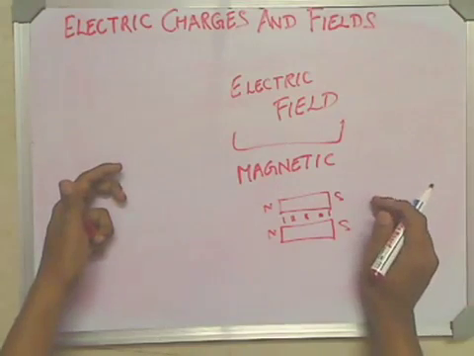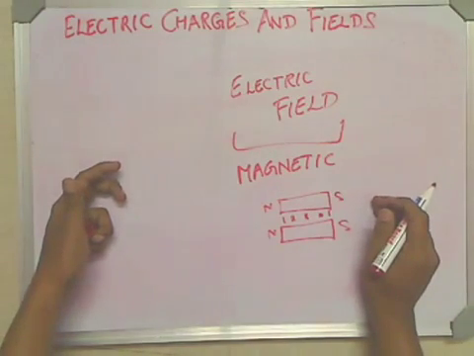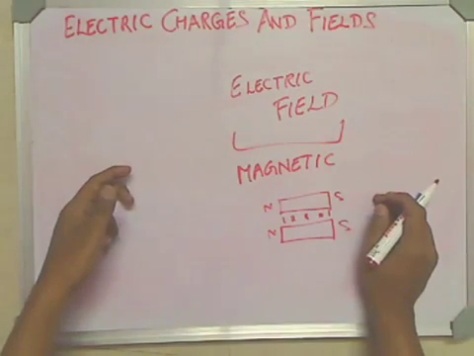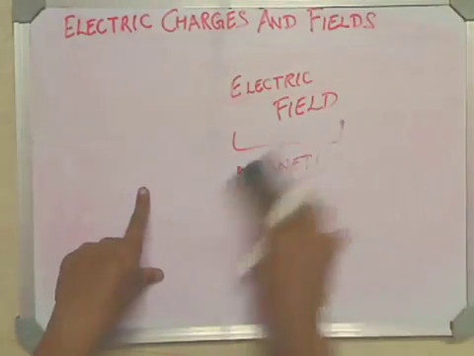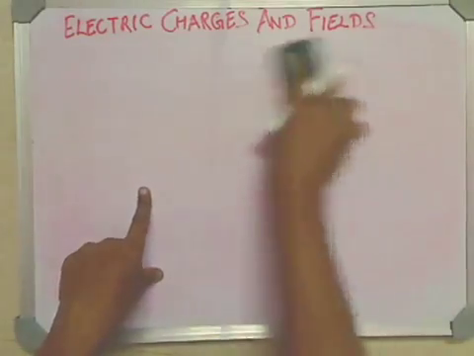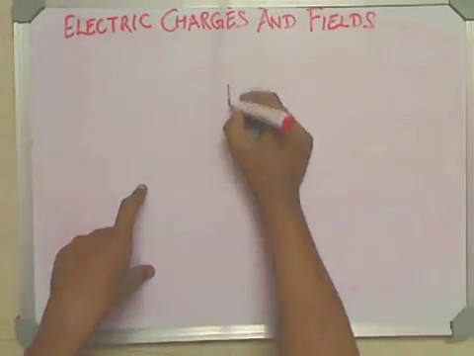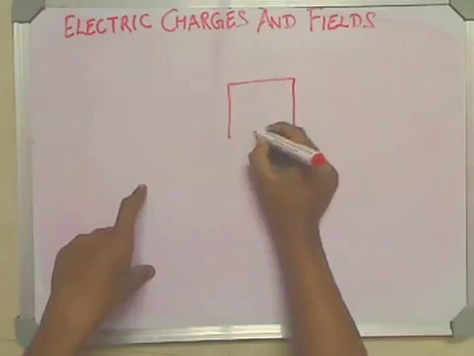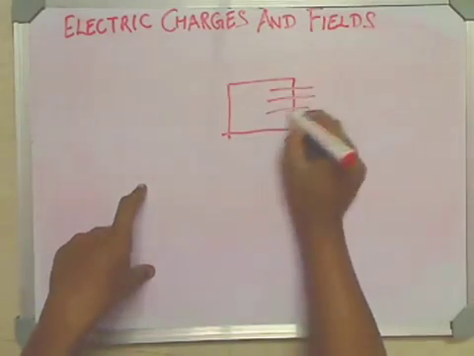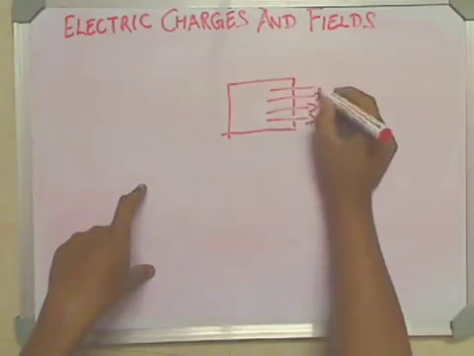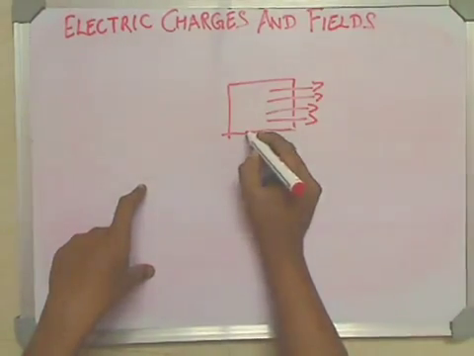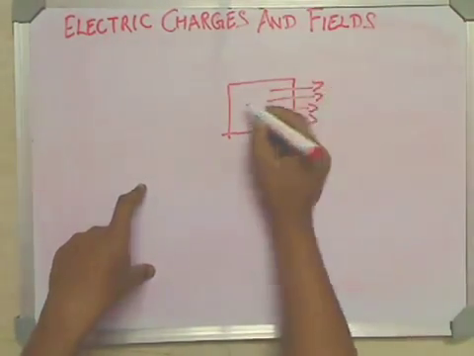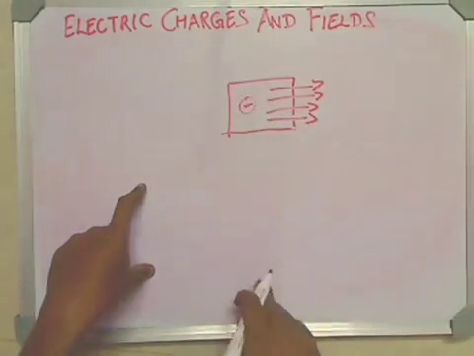It's an invisible force. We've not been able to see it, but we know it's there, again through experiments. Understanding an electric field is one of the most important concepts in this particular unit. Firstly, remember that the strength of an electric field is represented through these lines. The strength of an electric field depends on the strength of the charge. Let's say I consider an electron here.